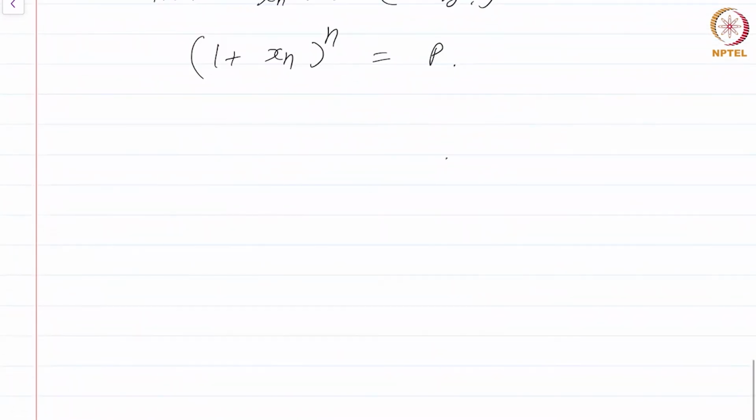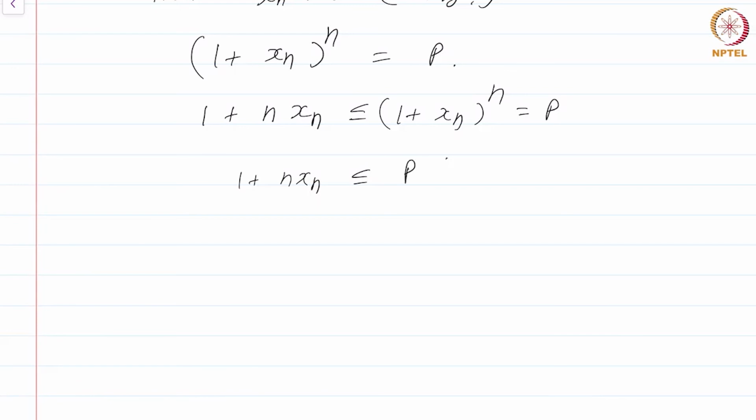Again, by the binomial theorem, we can write 1 plus n xn is less than or equal to 1 plus xn, the whole power n, which is equal to p. Okay. In other words, 1 plus n xn is less than or equal to p, right? Or xn is less than or equal to p minus 1 by n.